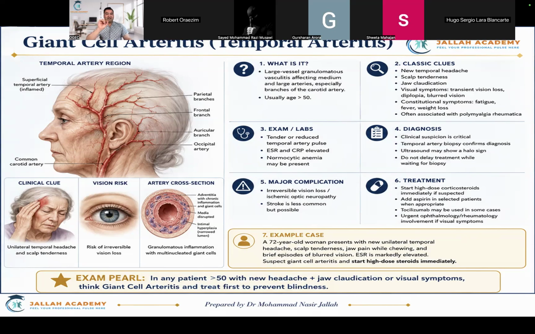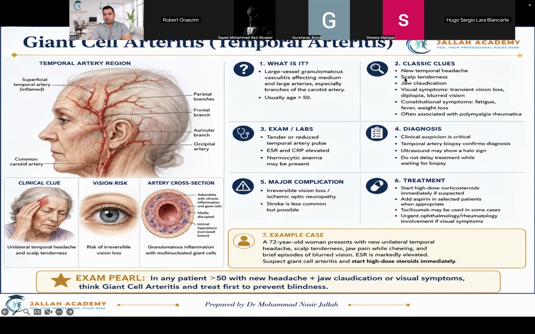But if they ask you what is the best next step, do you have to do the biopsy or the treatment? The treatment first. Forget about the biopsy because it takes longer time. By the time you get the result, the patient is blind. And that we don't want. A stroke is less common, but possible.